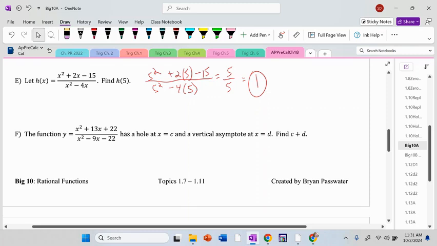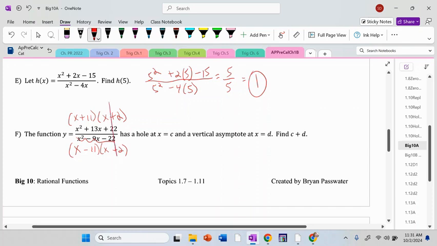Oh, I like this one. Hole at x equals c and a vertical asymptote at x equals d. So we got some factoring going on here. Negative 22 would be negative 11 and 2, because that adds up to negative 9 in the middle. And then it's the same numbers, but plus: 2 times 11, 2 plus 11.